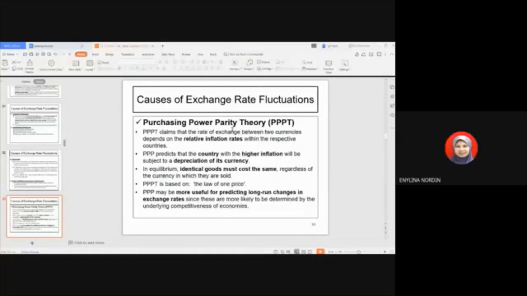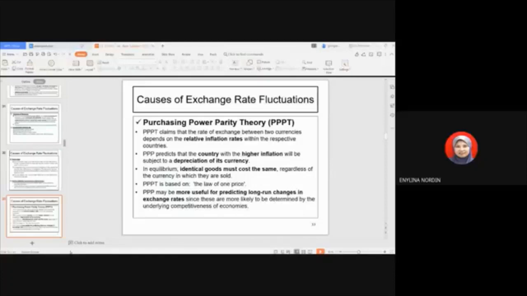This is the idea where the exchange rate adjusts to keep the purchasing power constant among currencies. So it implies that the exchange rate between two currencies depends on the relative inflation rates within those countries.